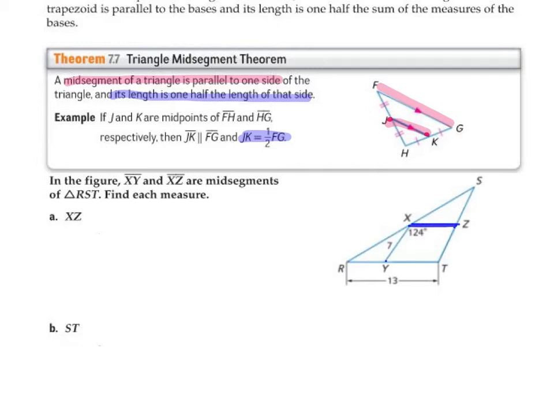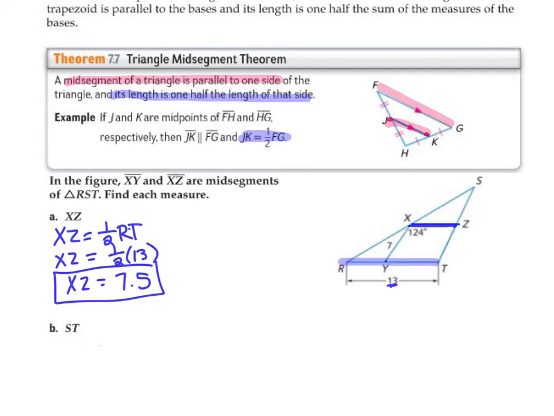Okay, so I know that by my triangle mid-segment theorem, XZ is going to be parallel to RT. Okay, and XZ has to be half the length of RT. So we have XZ equals 1/2 RT's length, which is 13. So XZ is a value of 7.5.